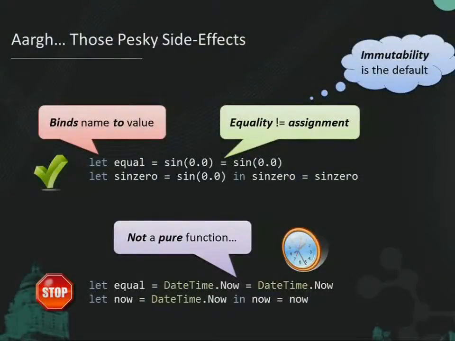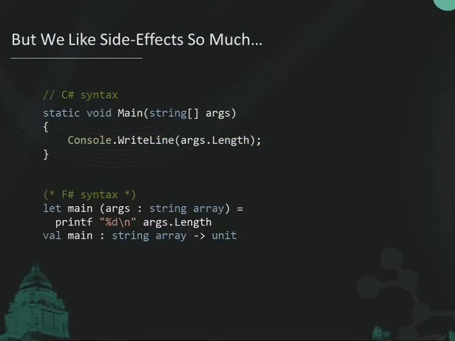So why is it that we've gotten accustomed to writing programs this way and being very careful with side effects? Well, if you look at this piece of C# code and this piece of F# code, it's quite obvious that this thing has to have some side effects.